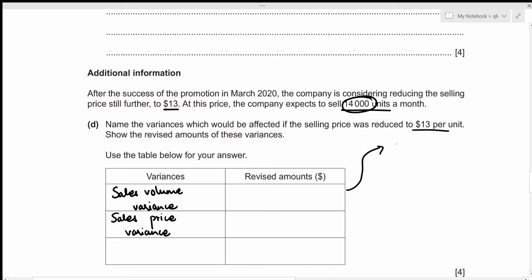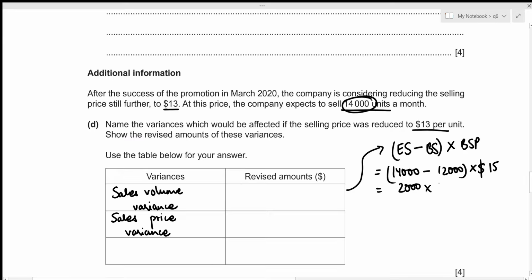So that's just going to be the expected sales value minus our budgeted sales value times the budgeted selling price per unit. So that's going to be 14,000 for the month of March minus our budgeted or the standard of 12,000 times the selling price per unit, which was set at 15. So this is just 2,000 times 15, which results in our sales volume variance to be 30,000.